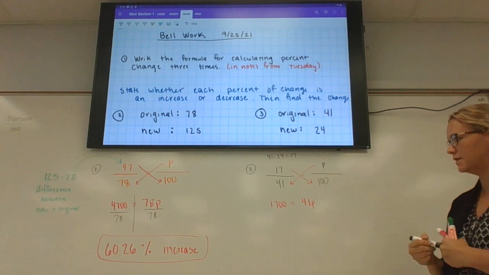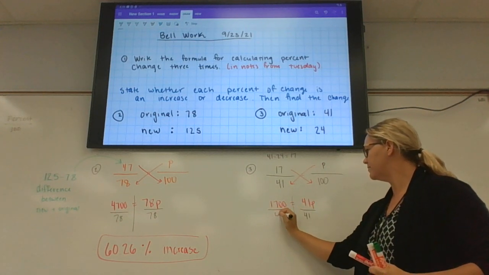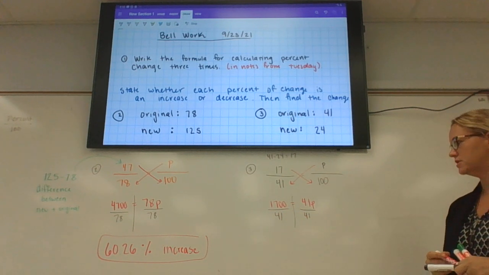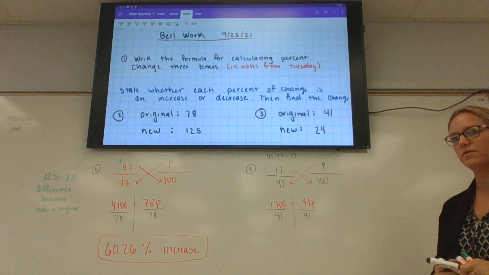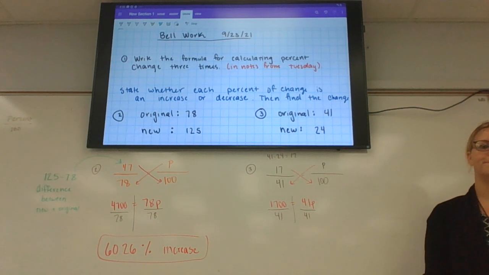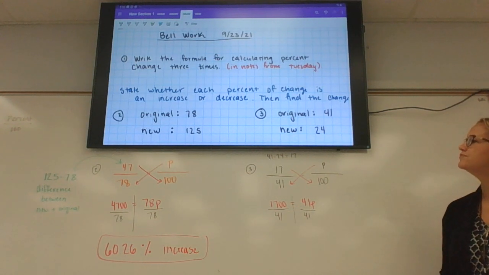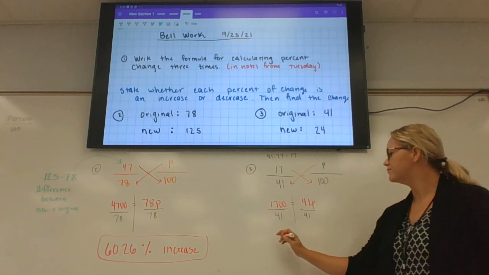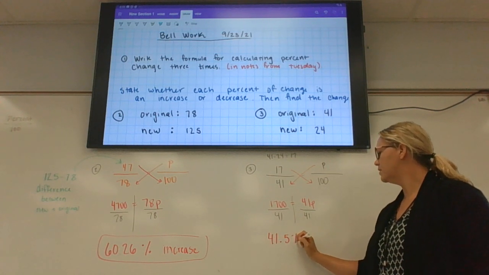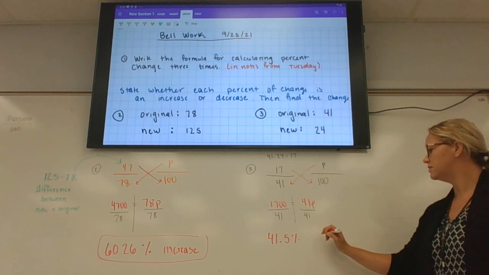And now we're solving a little equation. We'll do the opposite of multiply and we'll divide by 41. Alicia, did you do 1700 divided by 41 yet? Yeah. And would you say this is an increase or a decrease? Decrease.